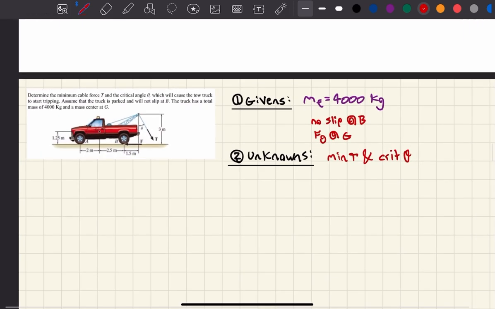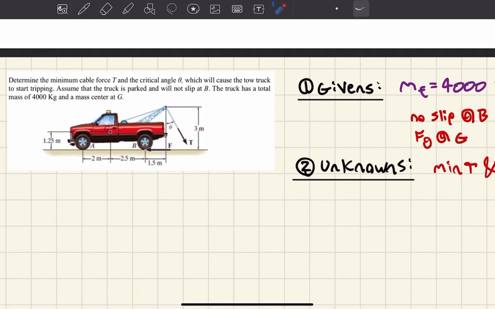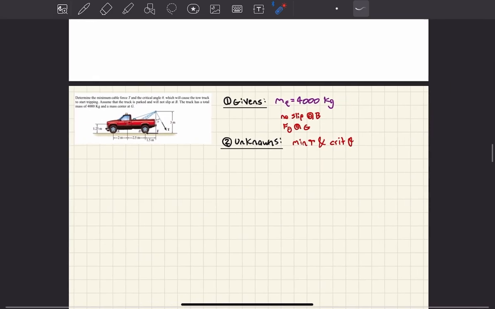One point about these two, which we will do a lot of thinking about later, is that the truck will only tip at a very specific value. The instant it begins to tip, you will have a very specific minimum tension value and a very specific critical angle value. Any other values won't work to begin the tipping process. But we'll get into that a bit later on.